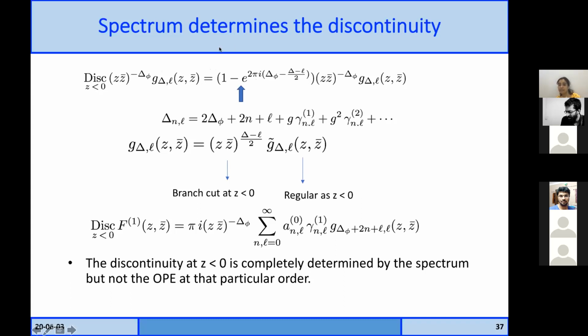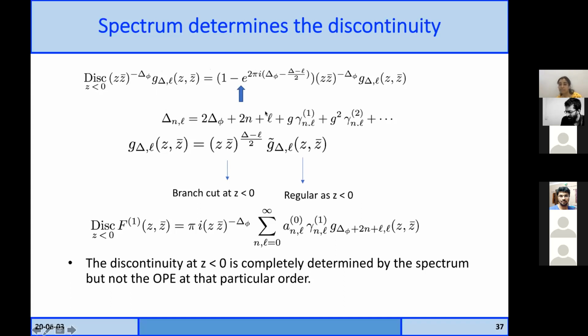The discontinuity at z less than 0 is proportional to this phase factor, and it starts at order g because of this operator.